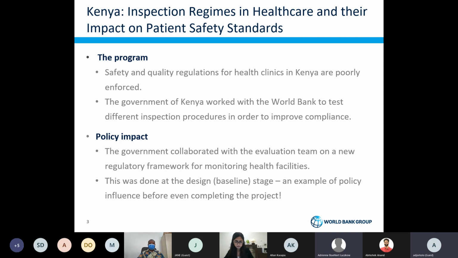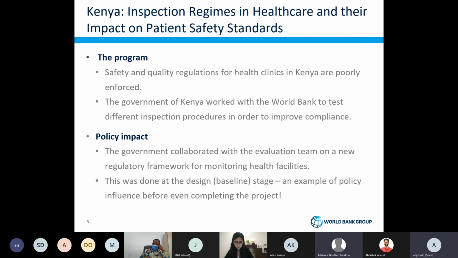So they were trying to find a way to increase the motivation of these health clinics to improve their health and safety practices. The government worked with the World Bank to test these different inspection procedures in order to improve compliance.